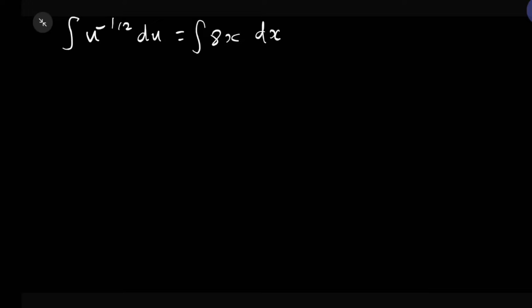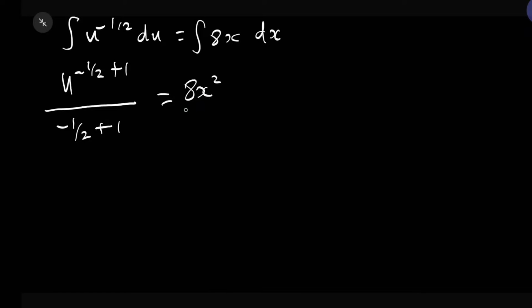So to solve this integral, we have u raised to minus 1 over 2 plus 1, divided by minus 1 over 2 plus 1, equals the integral of this, which would be 8x raised to power 2 all over 2. Of course, let me break this down further. We all know that x is raised to power 1, so 1 plus 1 over 1 plus 1, plus the constant of integration.